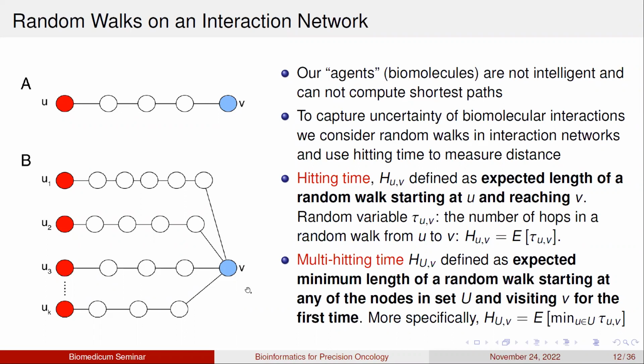In that context, we could model this as a random walk process, and we measure it using a multi-hitting time, where multiple sources influence the distant target, but we measure whichever random walk reaches the target gene first. So that's the multi-hitting time.